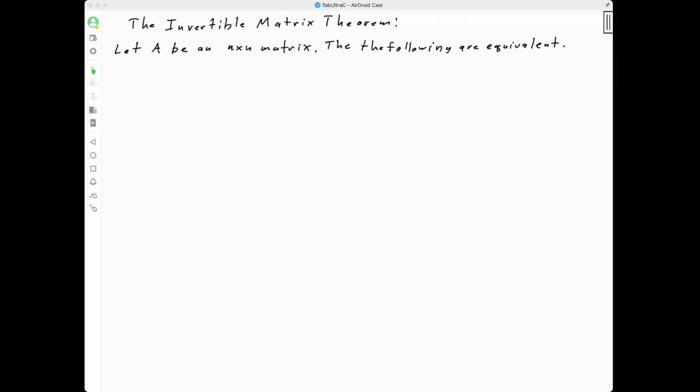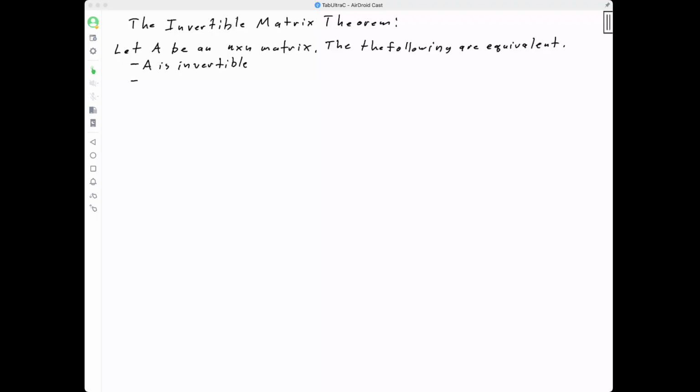If you show any of the other things are false, you will have shown that the matrix is not invertible. So we start out with the first thing: A is invertible. If you show A is invertible, you will show all the rest of these. But if you show A is not invertible, you will show that none of the rest of these are true. And it works the other way around as well.